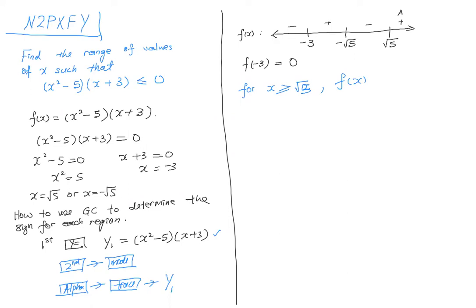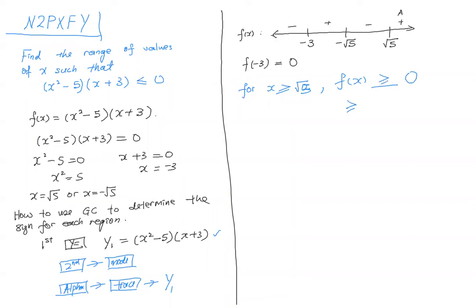Xi Hian. Yes. So for x greater than square root 5, fx is greater than or less than 0. Fill in the blank. Which symbol are you going to use? Greater than 0. Greater than or equal to 0, correct? Because it is positive.